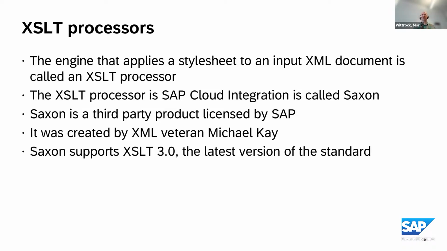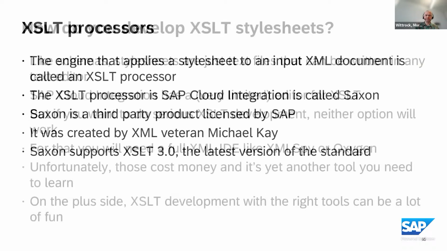The one in Cloud Integration is called Saxon. It's a third-party product licensed by SAP, developed by a real XML veteran, some of you might know, called Michael Kay. And importantly, Saxon supports XSLT 3.0, the latest version of the standard, so that's what you have available in Cloud Integration.